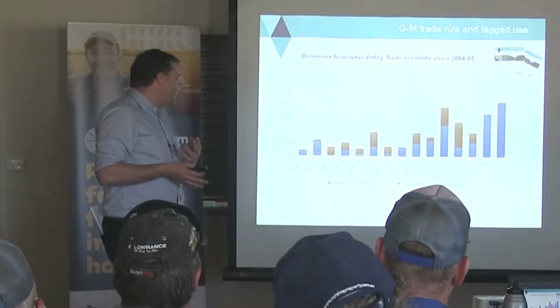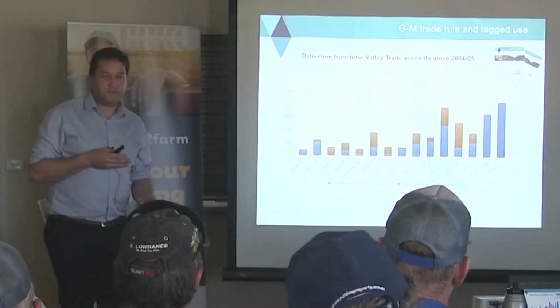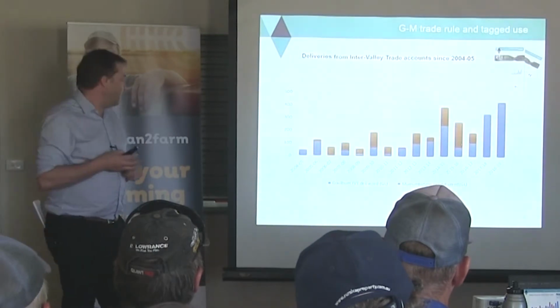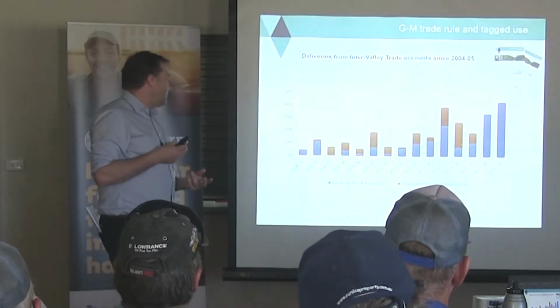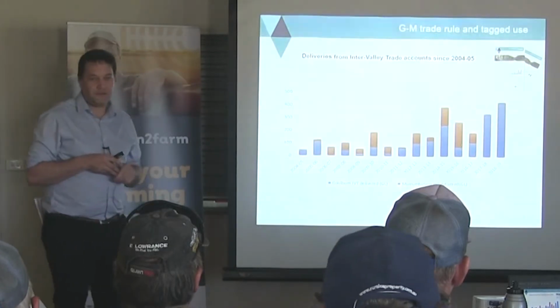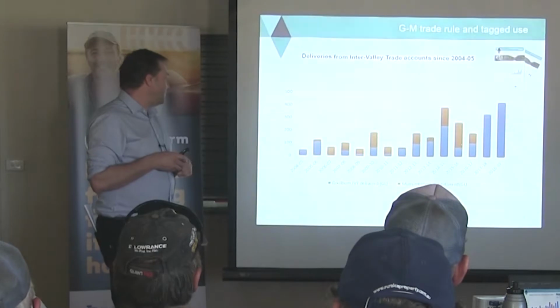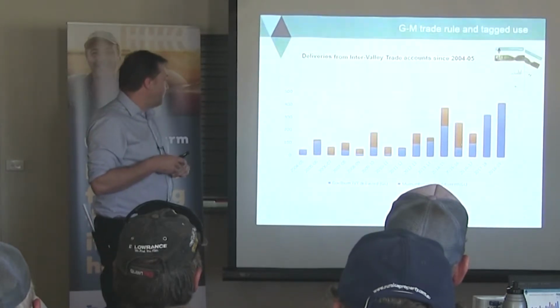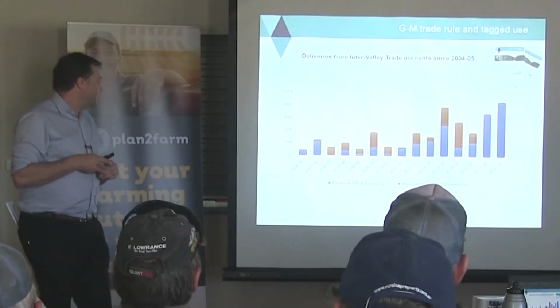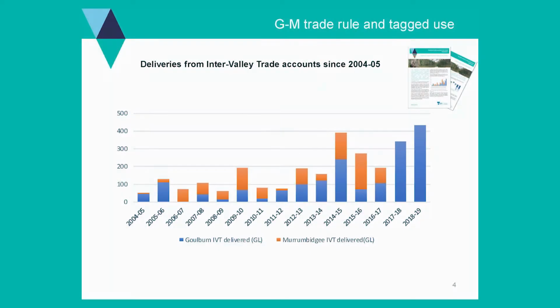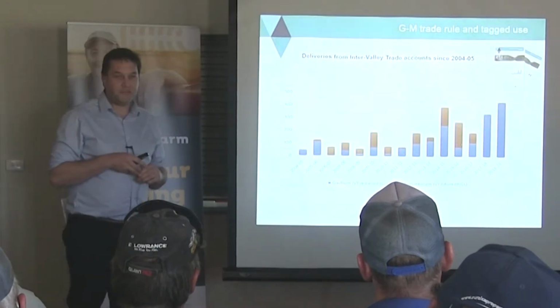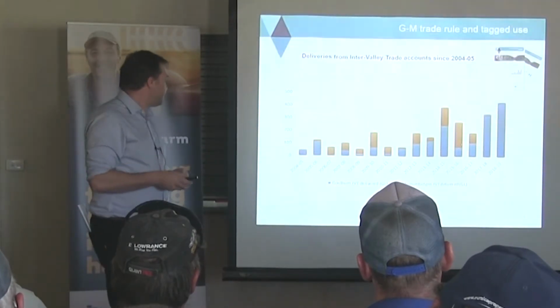However, in the last 2 years, with New South Wales being on 0 allocations, or lower allocations, we've seen a high reliance on the Goulburn to supply water to the Murray, and that's why we've seen the increase in use of the Goulburn IVT. In 17-18, 320 GL was delivered from the Goulburn, and last year it was 430 GL. So there are significant increases on that average of 60 GL which we had prior to that.